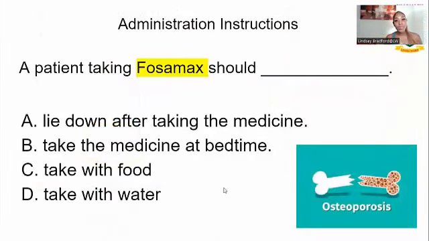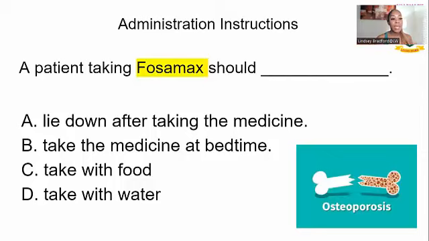Okay, so the first one is administration instructions. Administration instructions is a part of the 40% of medications, so you should definitely be aware of this. If a patient is taking Fosamax, it is for osteoporosis, okay? Osteoporosis is a condition of the what? The bones, hence the little leopard bone at the bottom, right?